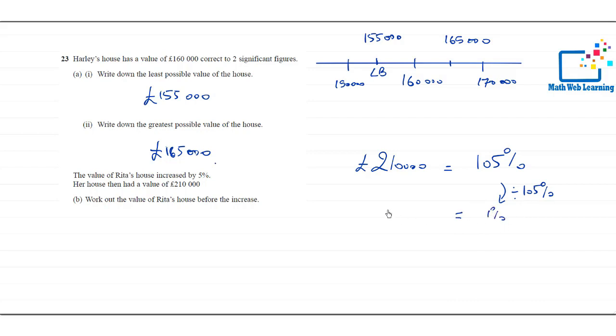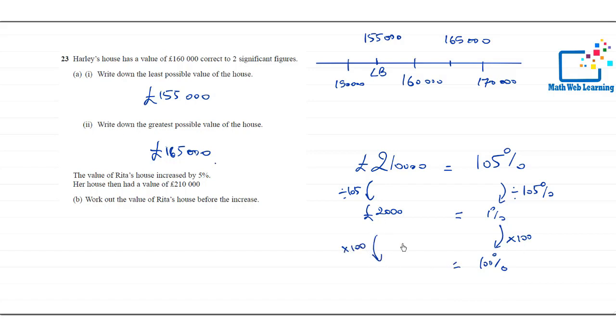So 1% is going to be equal, you divide the same thing here by 105, that will give you £2,000. And then from here you multiply by 100 to get 100%.